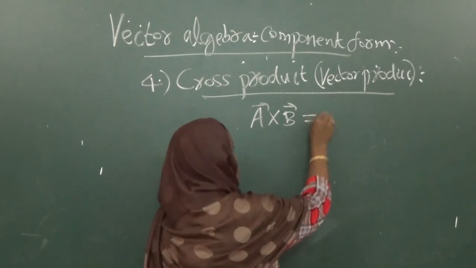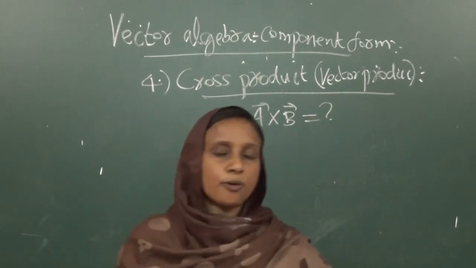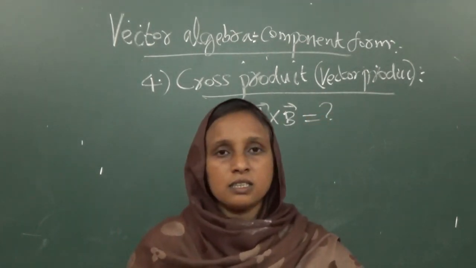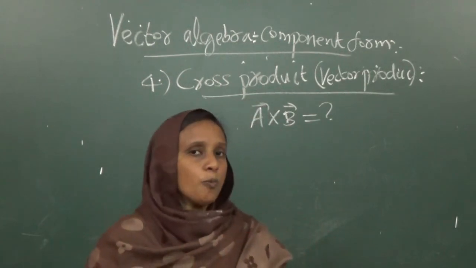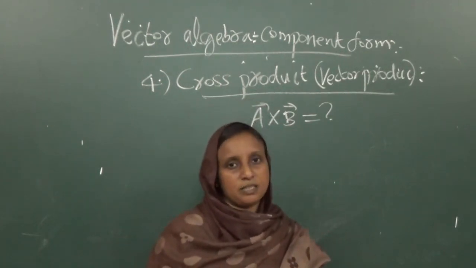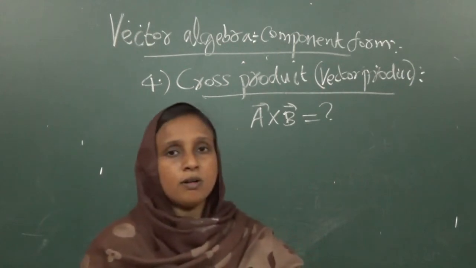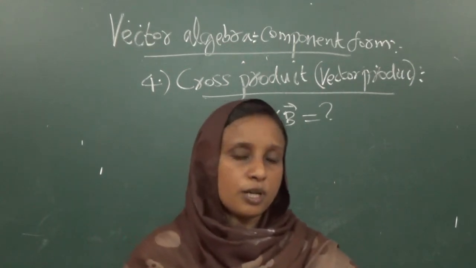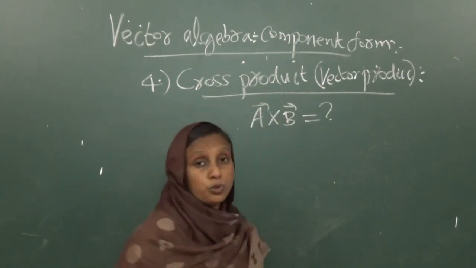Vector A cross B. In its abstract form, we studied that A cross B equal to mod A mod B sin theta. But in its component form, how can we find out these things? That's what we want to know.